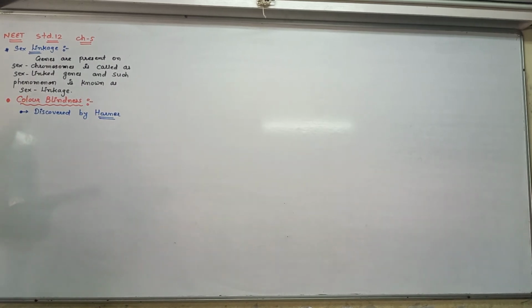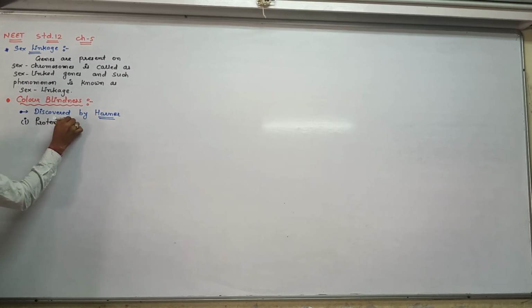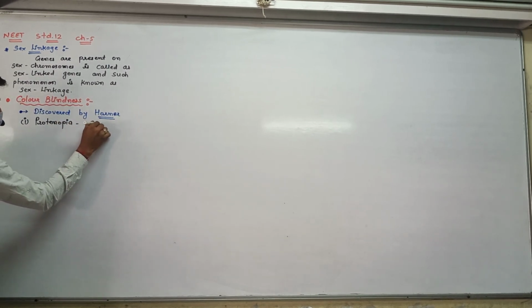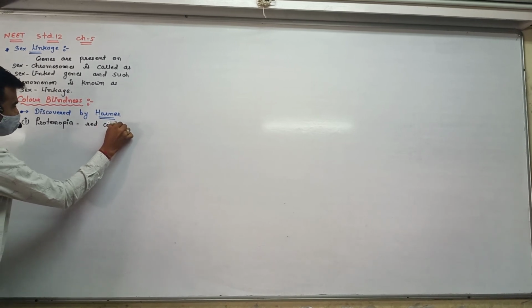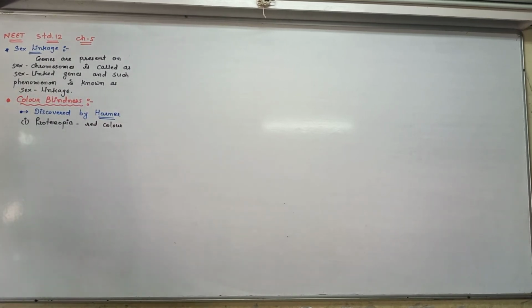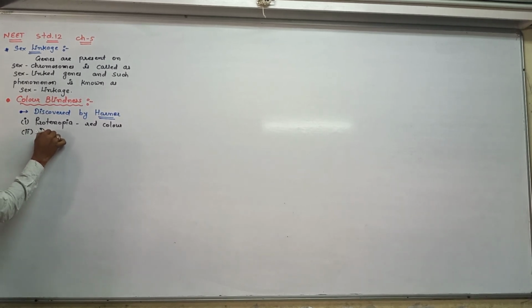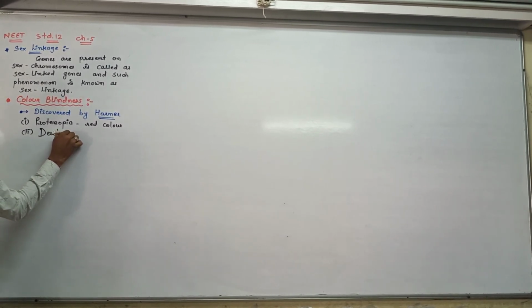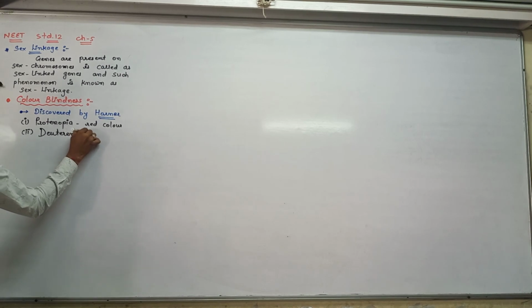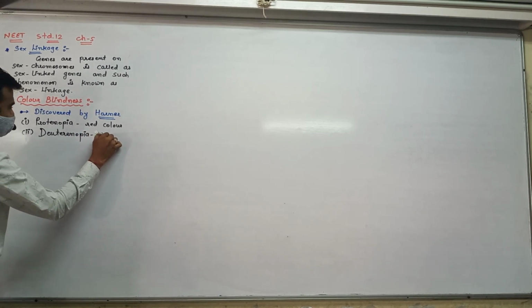Here, 2 types are there. Protanopia, that is red color. If a person is unable to identify the red color, it is known as protanopia. Another is deuteranopia, that is green color.